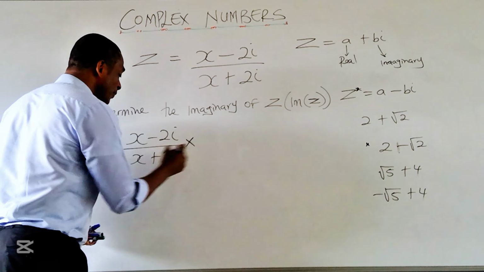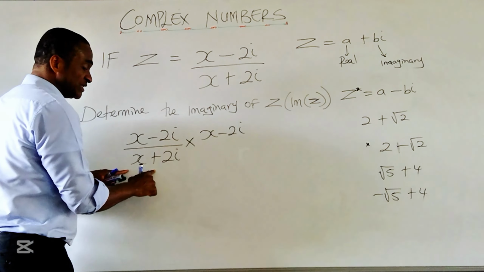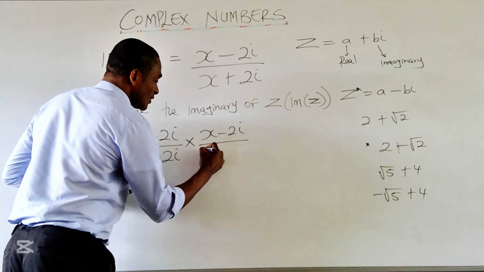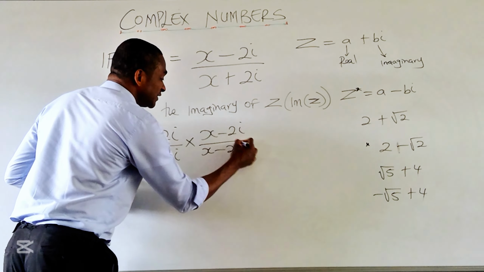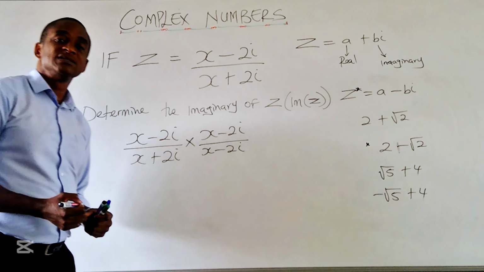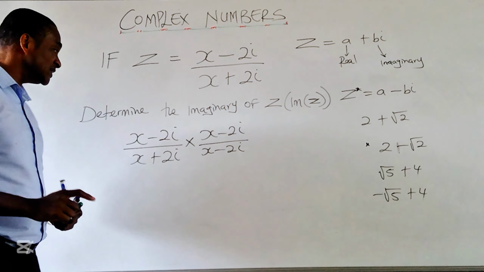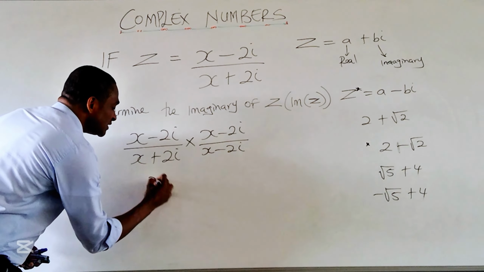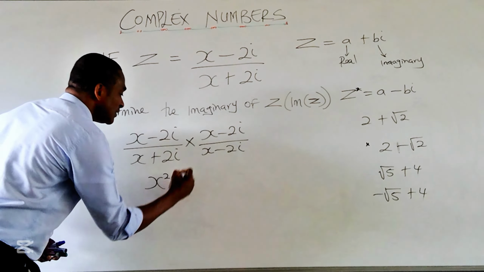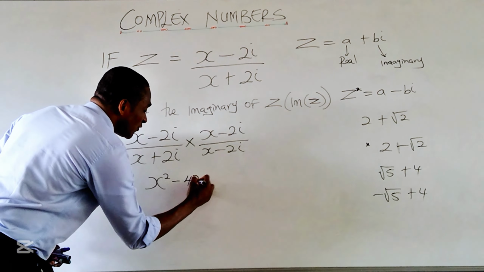Now we multiply both the numerator and the denominator with the conjugate of the denominator. So we have this. Why are we doing this? To eliminate the complex number or the complex notation in the denominator. So let's go. This gives us x squared minus 2xi minus 2xi, which gives us minus 4xi.